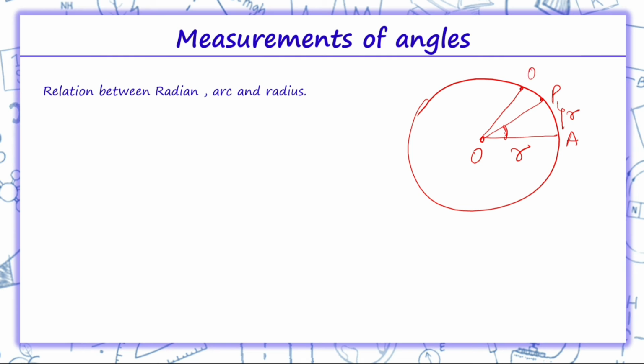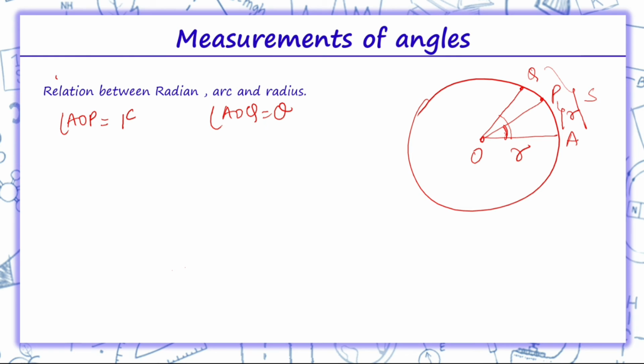Consider another point Q. Let angle AOQ be theta and arc AQ be S. As we know, AP is the radius, so angle AOP is 1 radian, and angle AOQ is theta.